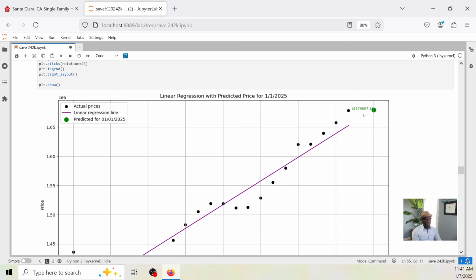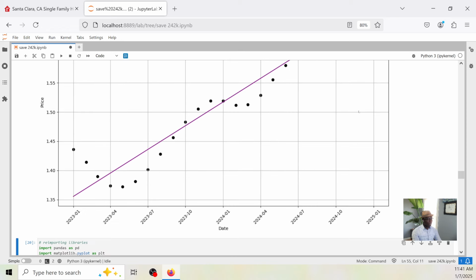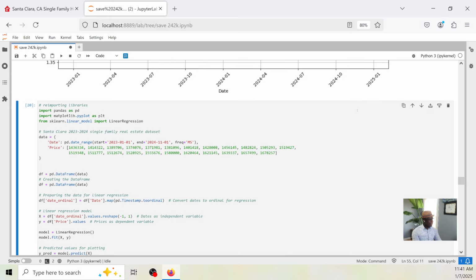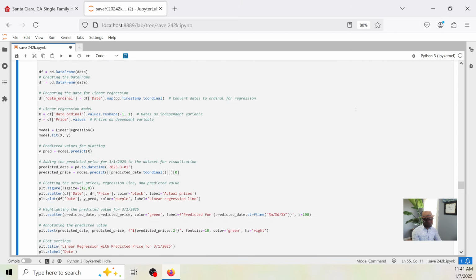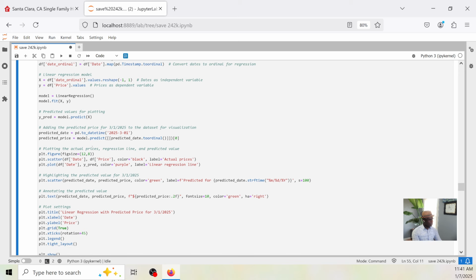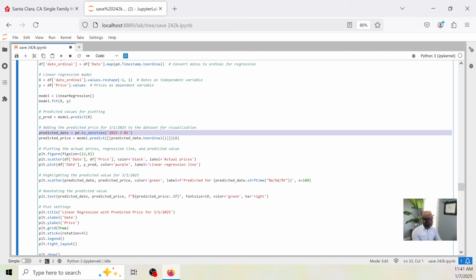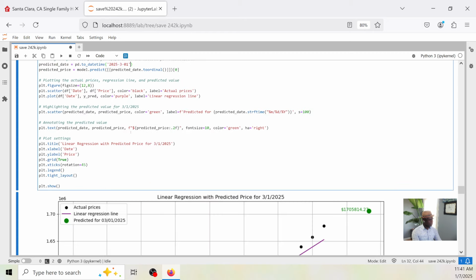So I'm predicting the future price based off historical prices to be 1.67 million for a single family home in Santa Clara, California. The next two, I believe, are for March and June. So yes, predicted date, March 1st, 2025.